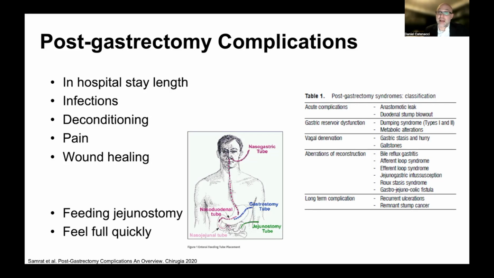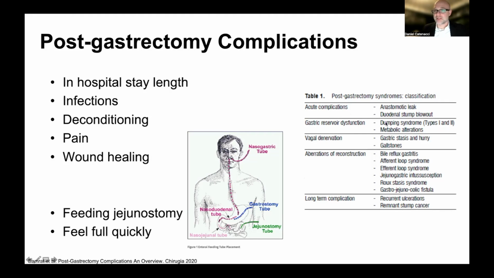But there's that blind pouch that's sitting there that could blow out, and it's a leakage from that area that can be serious with infection and sepsis. And so this is an emergency complication. Thankfully, this is not common, but it is something to be aware of. There are a number of other complications that you see here.